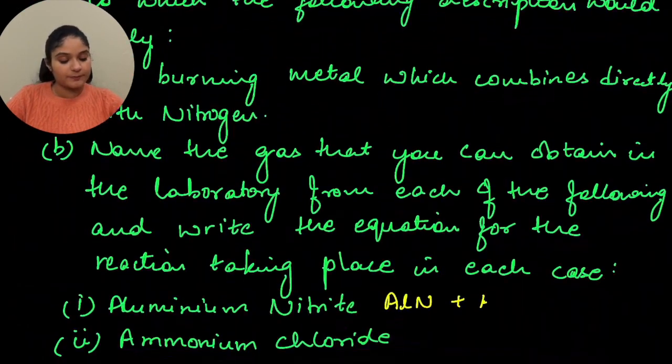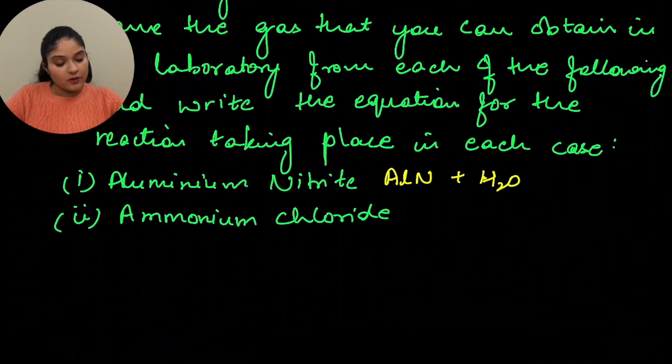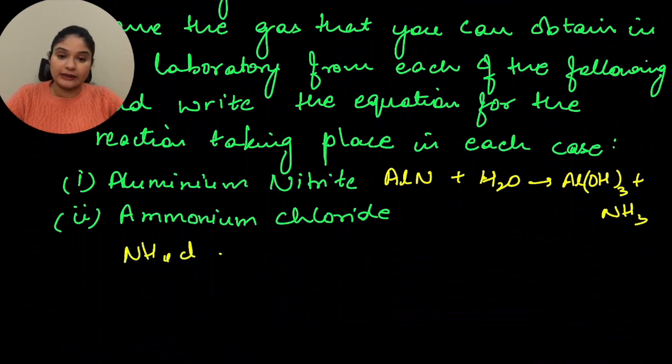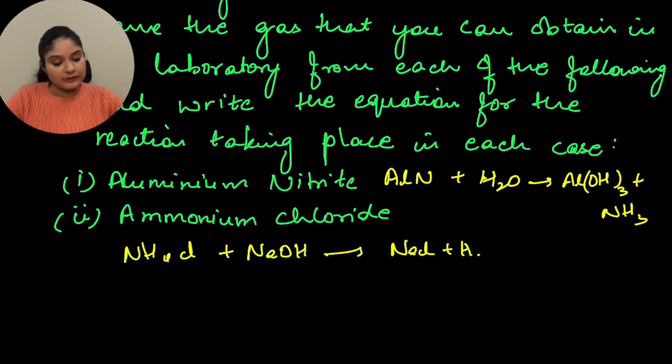Plus water, which will give you Al(OH)3 plus ammonia gas. Then from ammonium chloride, so that will be NH4Cl, and what will that combine with? It will combine with NaOH, and this will give you NaCl plus water plus ammonia gas.